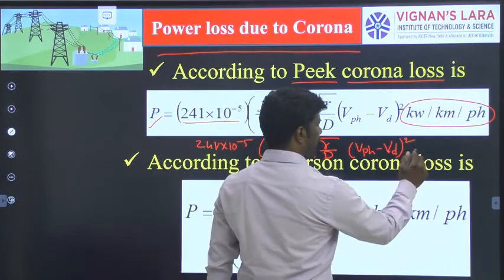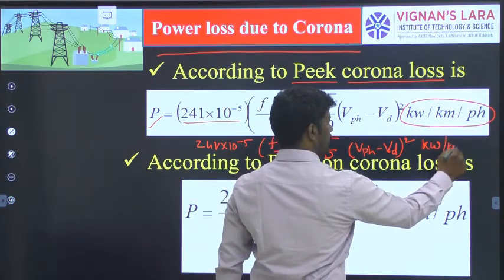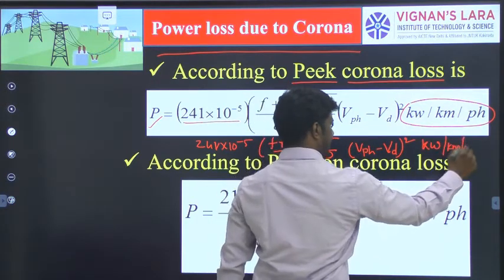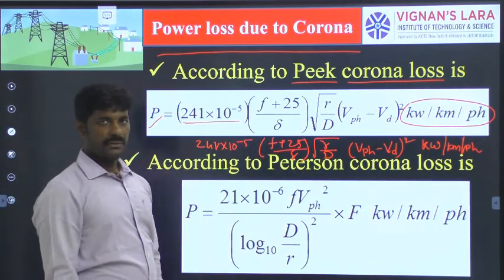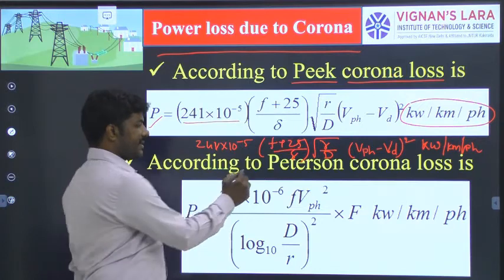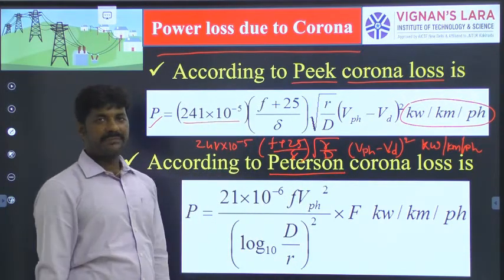This much power is observed, whose unit is kilowatts, for 1 kilometer length in each phase. Empirical formula. Okay, and the next scientist is Peterson. This is Peterson's observation.